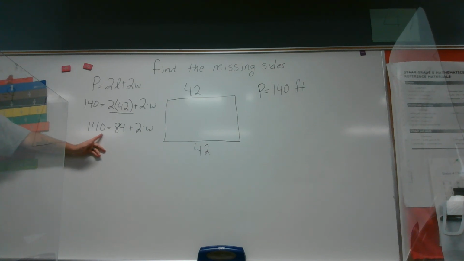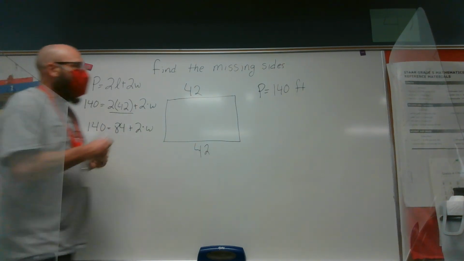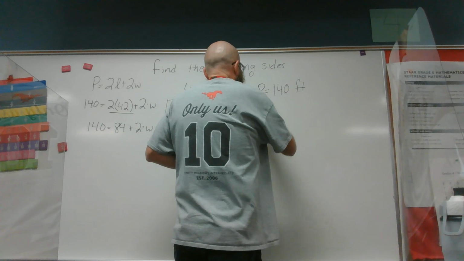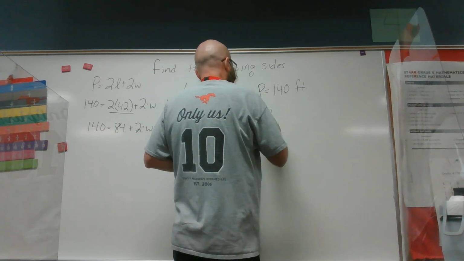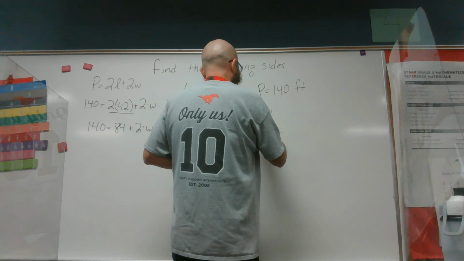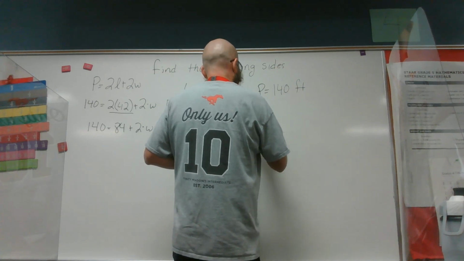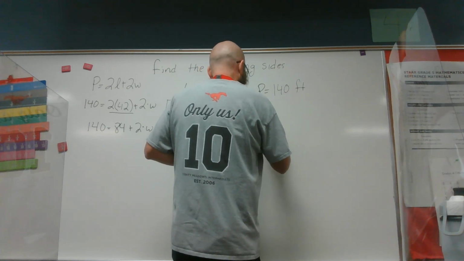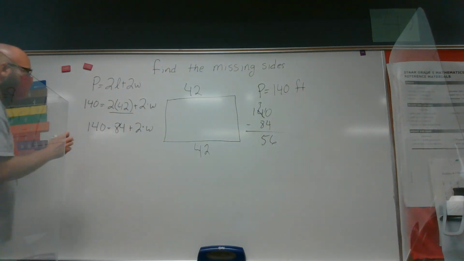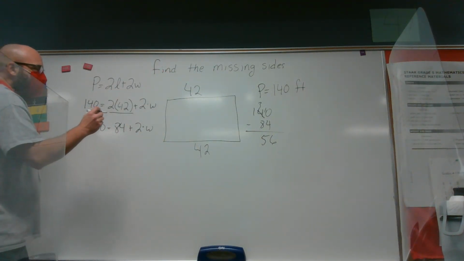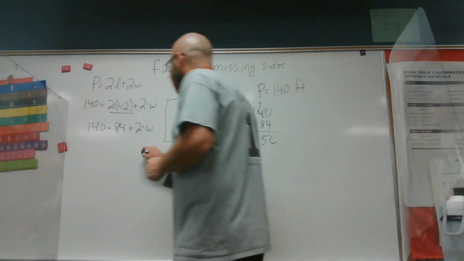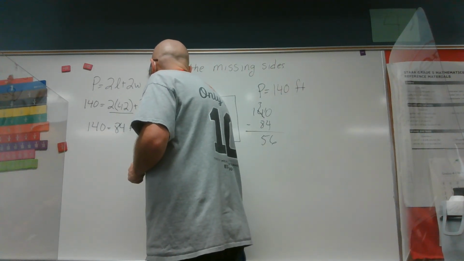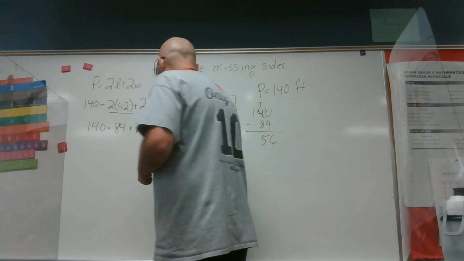If I subtract 84 from 140, I'm going to get 56. So that means 2 times something needs to equal 56.